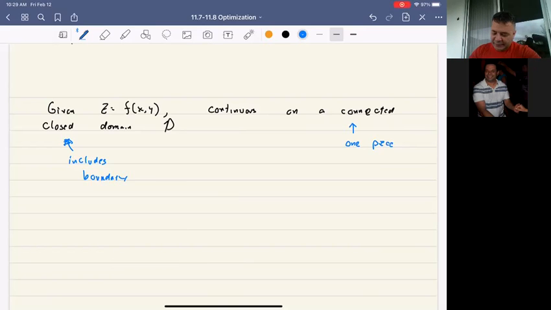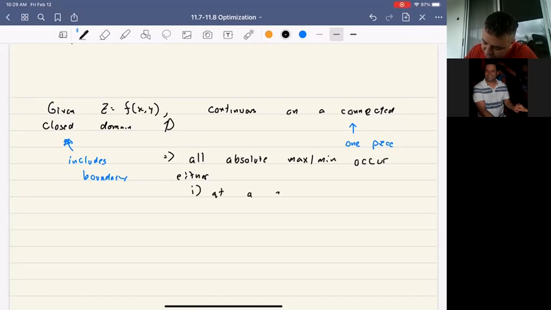Then all absolute maxes and mins occur either, just like in one dimension, at a critical point or on the boundary.